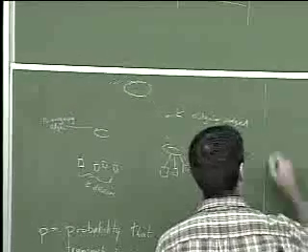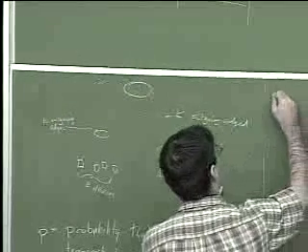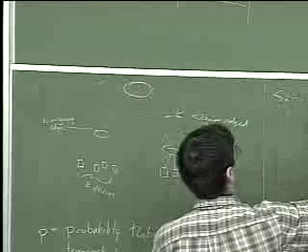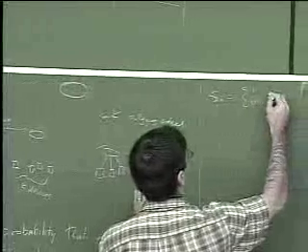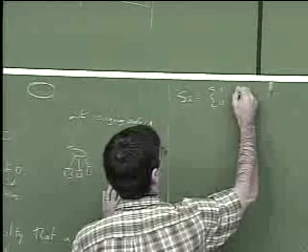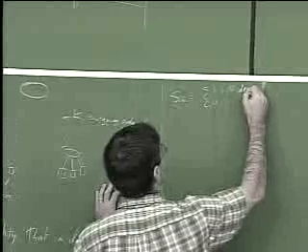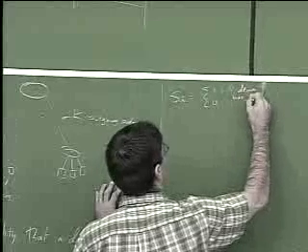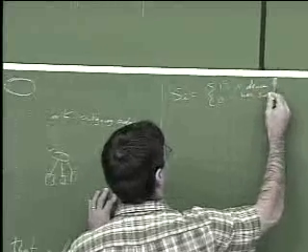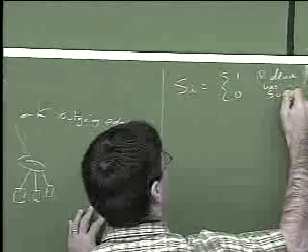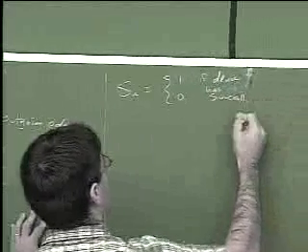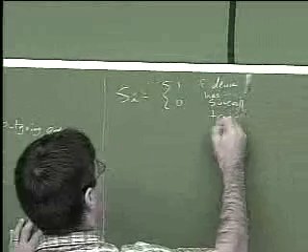And let's define S sub I to be 1 if device I has a successful transmission, 0 otherwise.